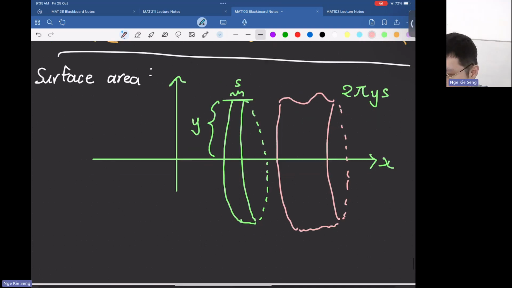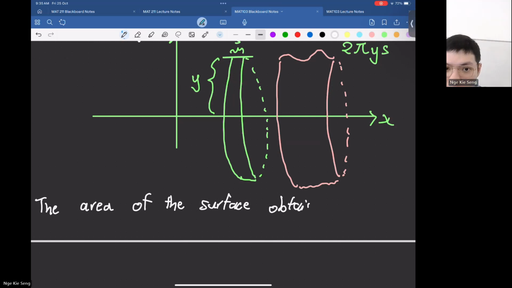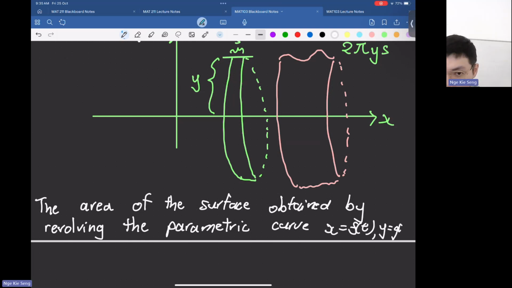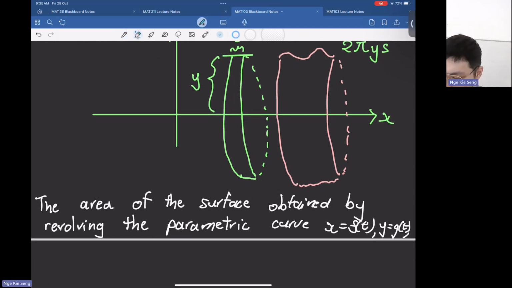Let's say that the area of the surface obtained by revolving the parametric curve, so we always deal with parametric curves now, x equals f(t) and y equals g(t), with t in between a and b, about the x-axis.